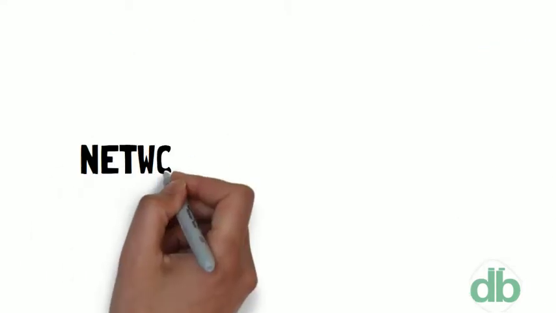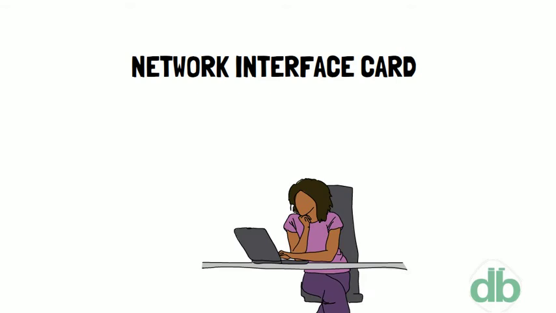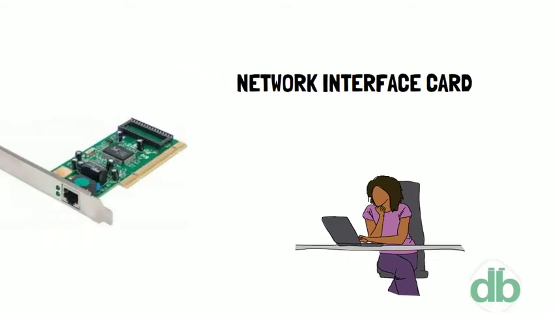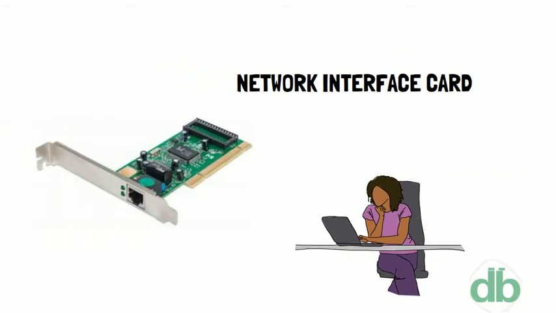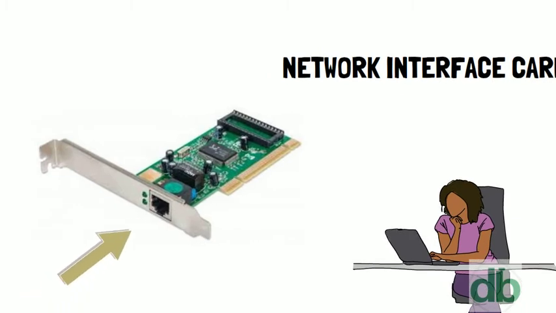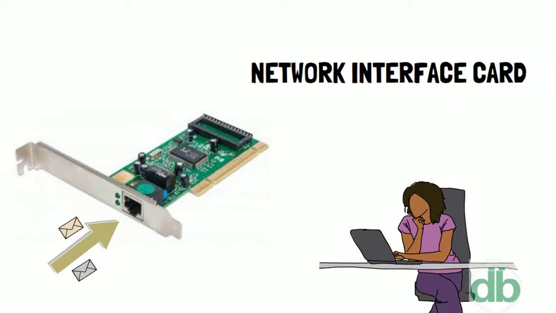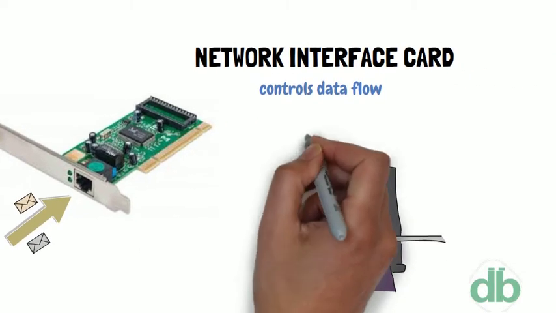Network interface card. Each computer in a network has a special expansion card called a network interface card, or simply NIC. The NIC prepares or formats and sends data, receives data, and controls data flow between the computer and the network.